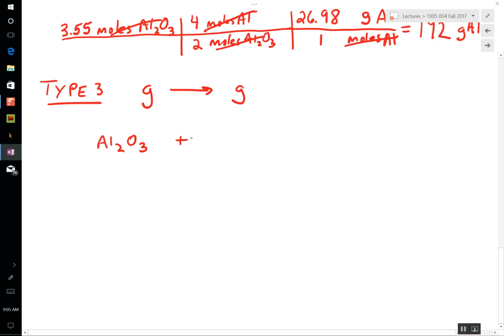Okay, now while I rewrite this equation here, figure out the molar mass of aluminum oxide. All right? Figure out that molar mass. What is the molar mass of aluminum oxide?